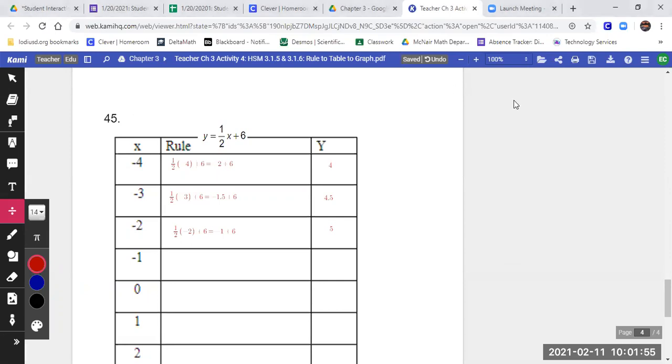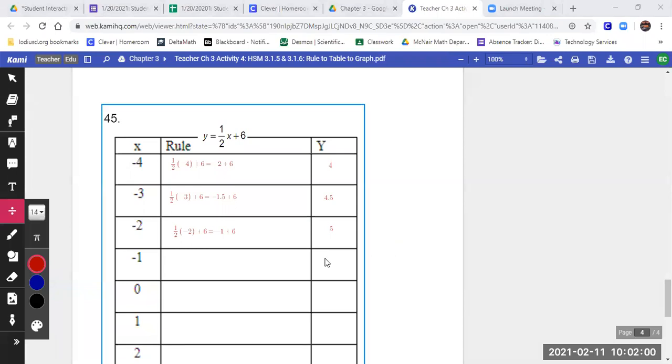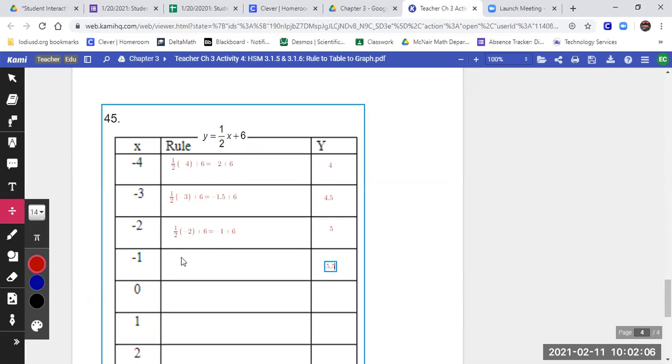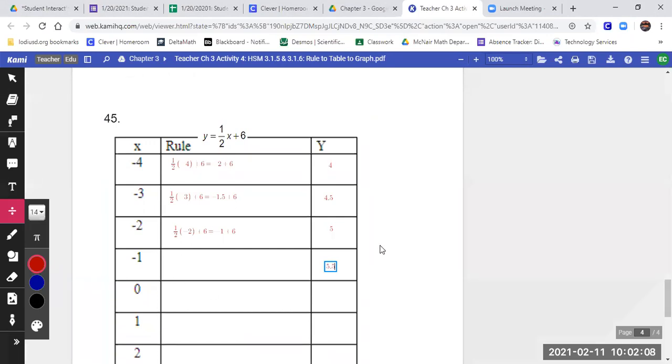Yes, because I see the pattern going up by half. So we now have to show our work for that 5.5. What are we going to say as our work shown? Because we can't just have answers. We have to see our work shown.